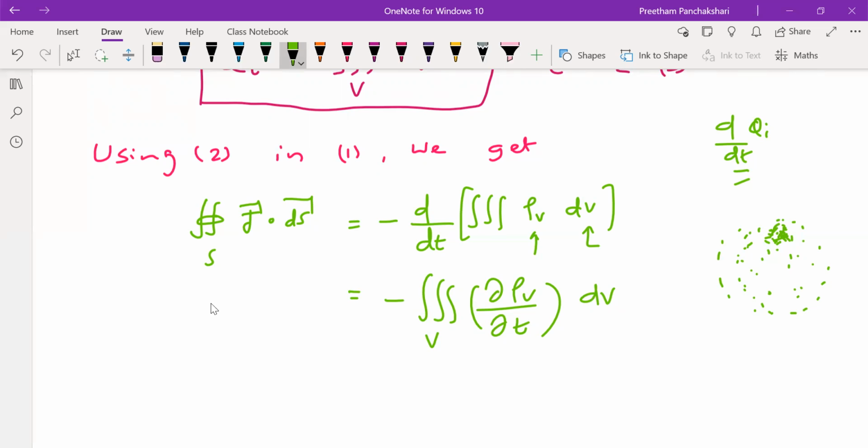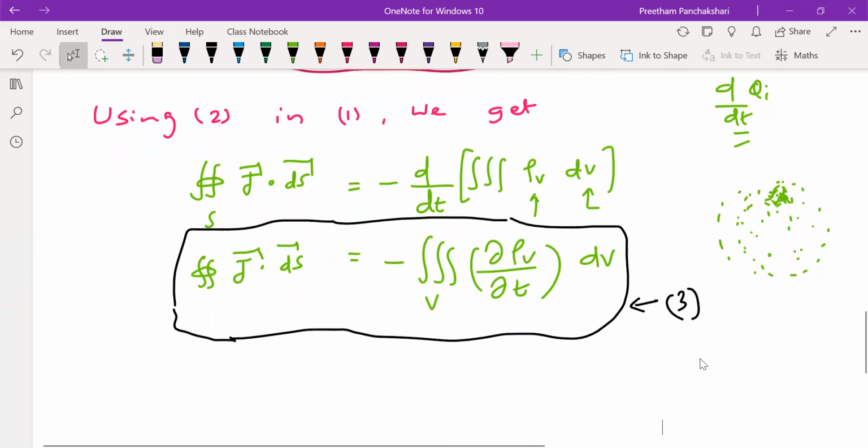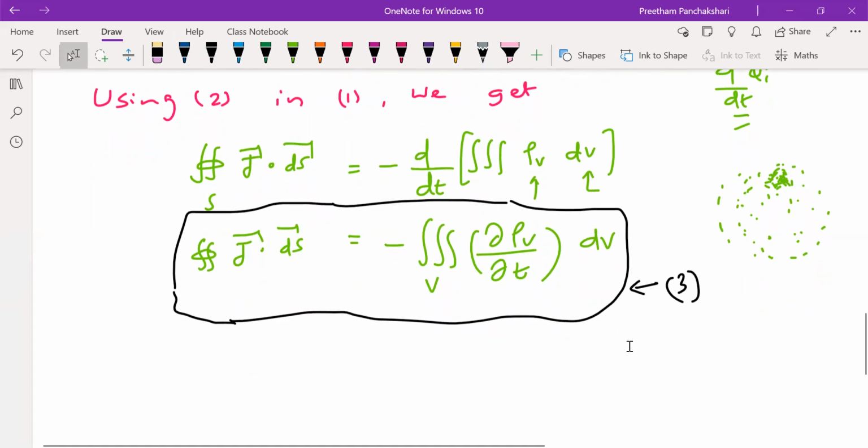So now, finally, we got integrals on both the sides. This equation is the complete representation of the continuity equation in integral form. But the only thing we have assumed here is volume charge distribution.